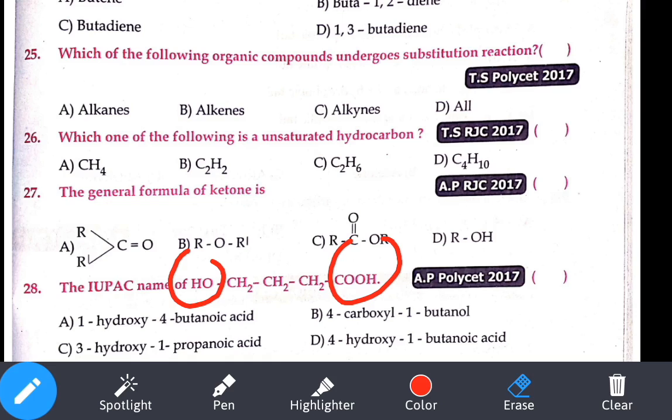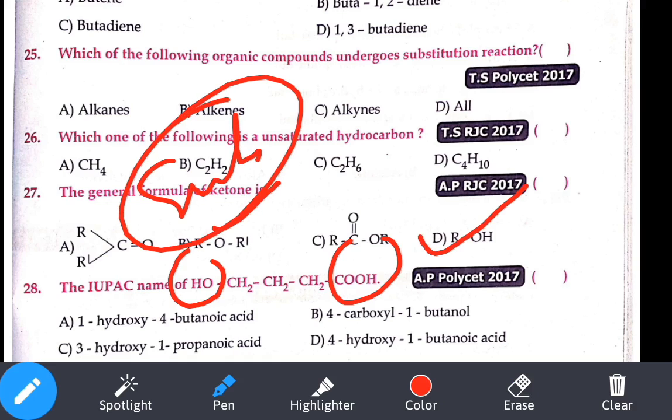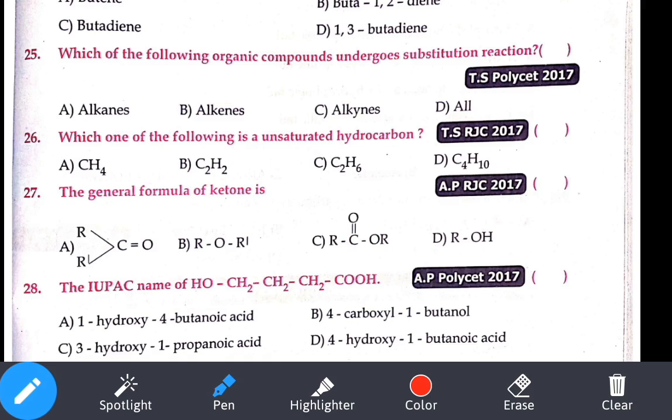So here, this will act as the main functional group, and the other is a second grade functional group, which means it will simply act as a substituent. Understood? Now you have to give numbering from here, giving more preference to the main functional group.